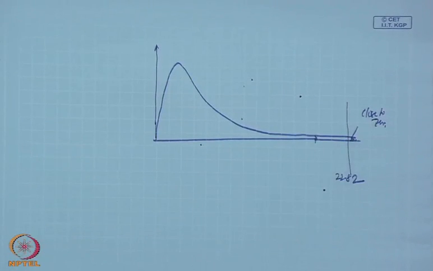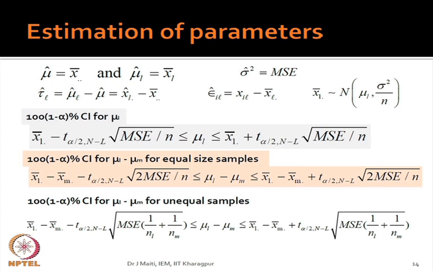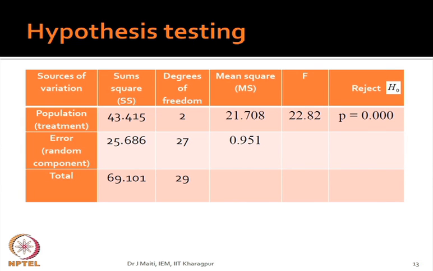So, there is a difference. This is what is grossly tested through ANOVA. The first level test is whether there is a difference in the population means.